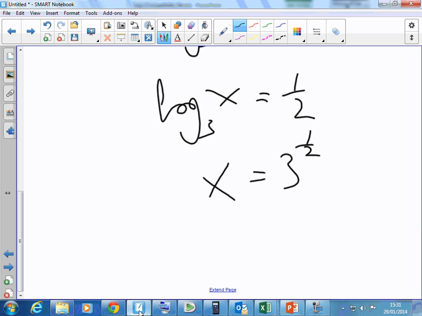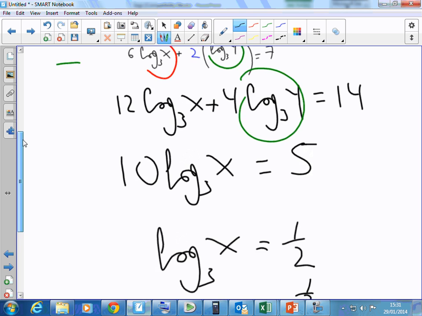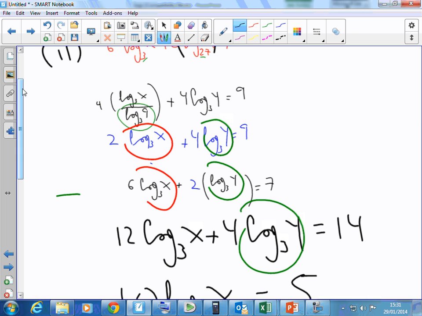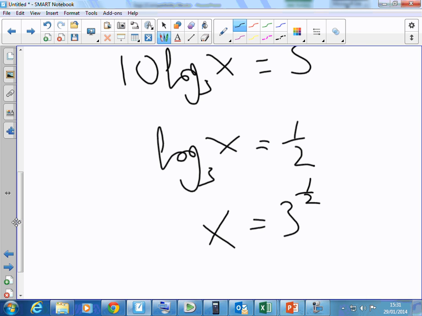We can now, like normal simultaneous equations, substitute 3 to the power of a half back in. Okay, so let's just pick one. What does that expression become? We've worked it out to be equal to a half. Can you see it here?